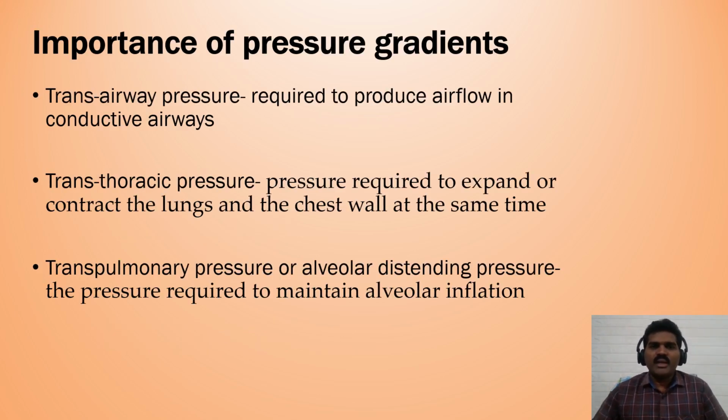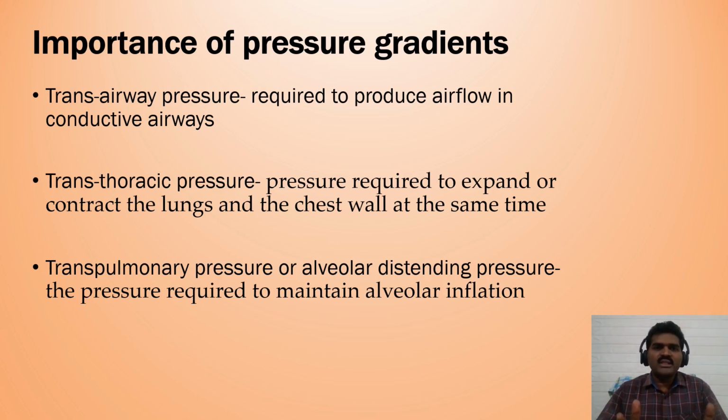So what is the importance of these pressure gradients? The importance of trans airway pressure is that it is required to produce airway flow in the conductive airways. If there is no pressure difference between the airway pressure at the opening of the airways, that is the mouth or the nostrils, and the pressure that is present in the alveolus, there will not be any flow of air.